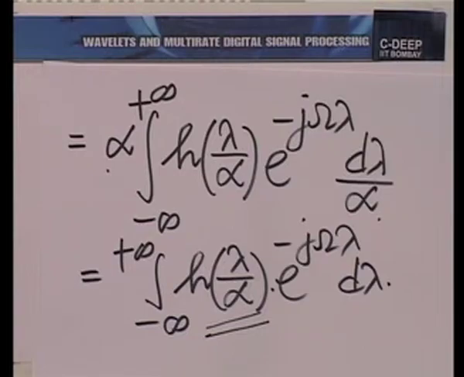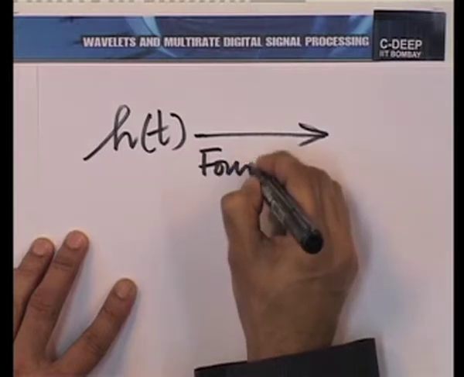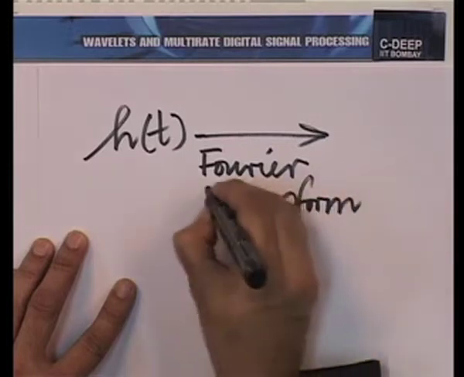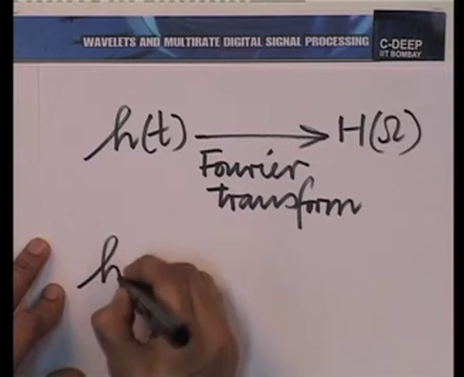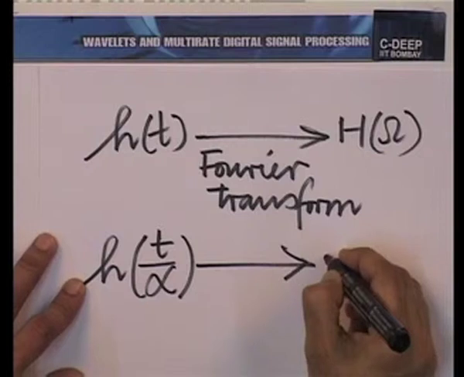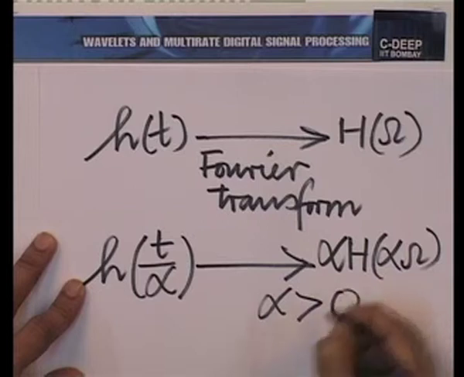So, we have divided the argument by the positive number alpha. So, what we are saying in effect is, if h t has the Fourier transform h of omega, then h t by alpha has the Fourier transform alpha times h of alpha omega, where alpha is of course strictly greater than 0 here.